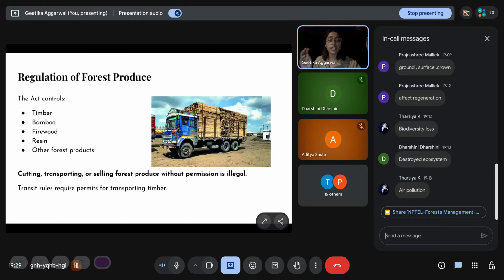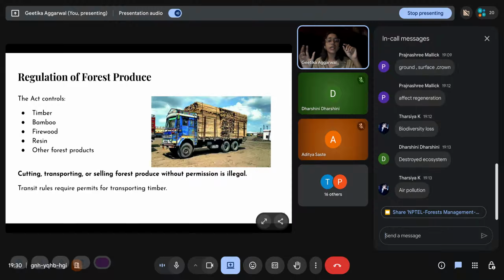And throughout that route there'll be some checkposts, some nakas, where they'll check your truck filled with the timber that you're carrying, right? So what they'll do is they'll give you one particular transit permit at one naka, and when you go from A to B, you have to take that permit with you. And at every naka, they'll check your permit, and they'll keep the permit you received at the previous naka and give you a new permit, or they'll sign it off and something like that.